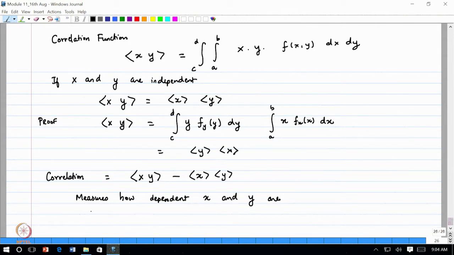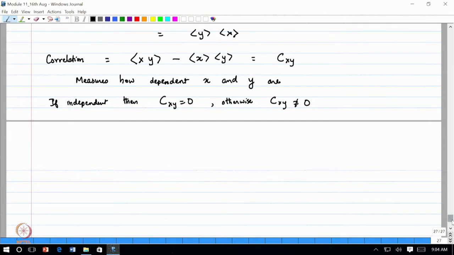So, if they are completely independent, then correlation, I will just call it C of x y, then C of x y is equal to 0, otherwise C of x y is not equal to 0. And this is one way to estimate the correlation.